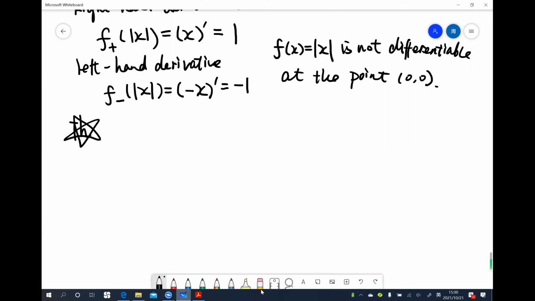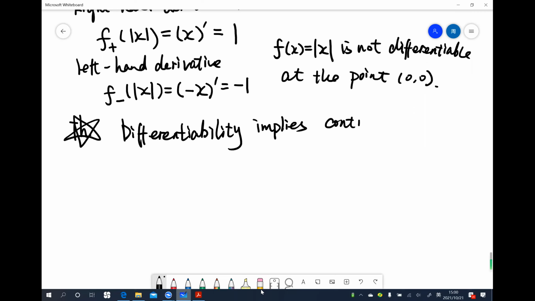So now I will write the theorem here. Differentiability implies continuity. But the converse is false.